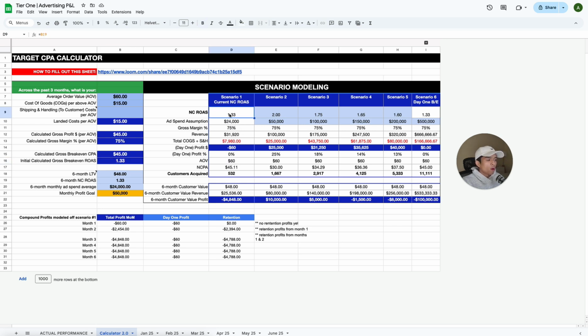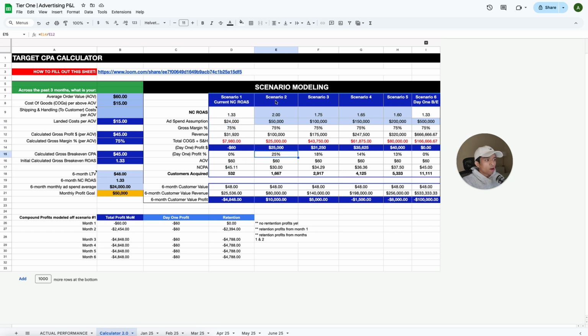So at a 1.33 return on ad spend, if we spend $24,000 at a 75% gross margin, that leaves us with $31K in revenue, with $7,900 in COGS and shipping and handling. And that leaves us with a day one profit of $60, or in other words, break even. So this scenario is basically the minimum floor that you want your performance to be, assuming that you're spending $25,000.